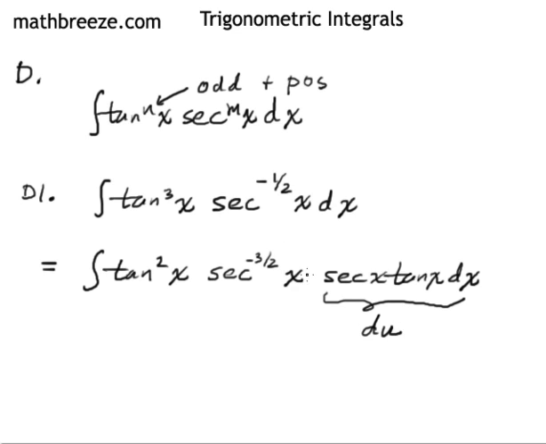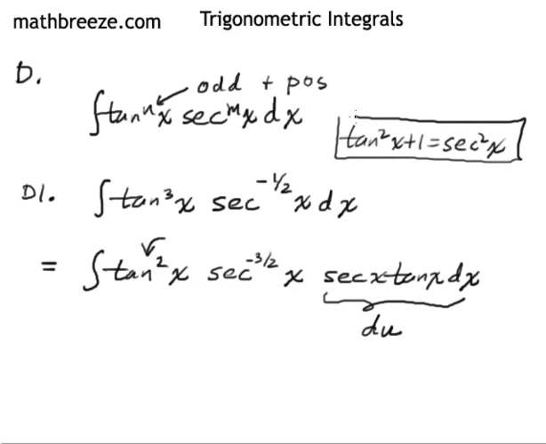Now that's the derivative of secant, and we want the rest of the integral to be expressed in terms of secant. So we're going to use the same trig identity we used in the last problem: tan squared x plus 1 is secant squared x. That means tan squared x is equal to secant squared x minus 1.